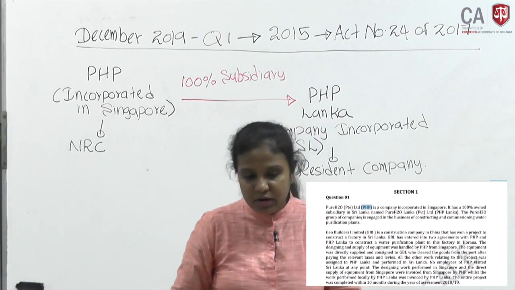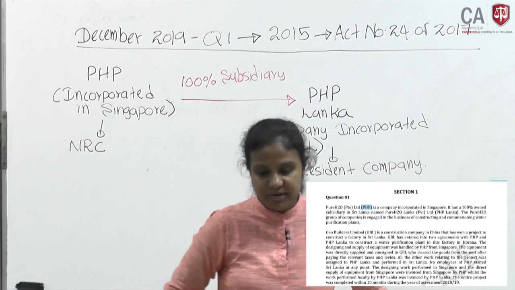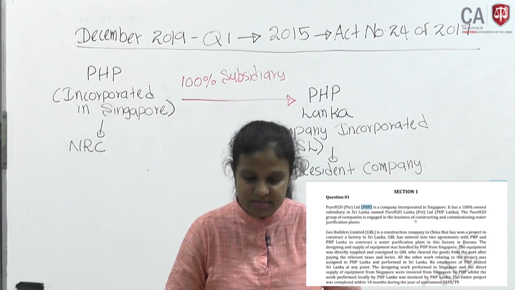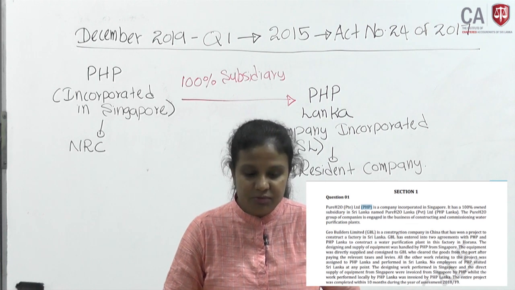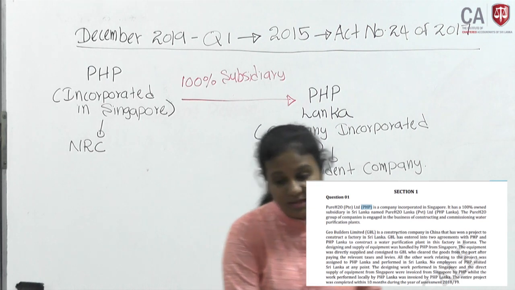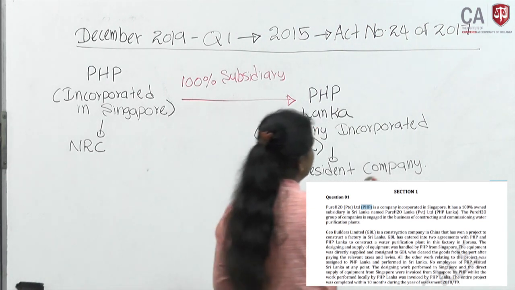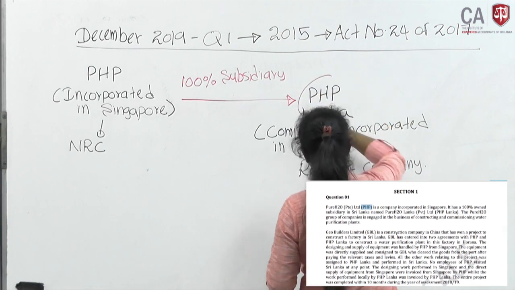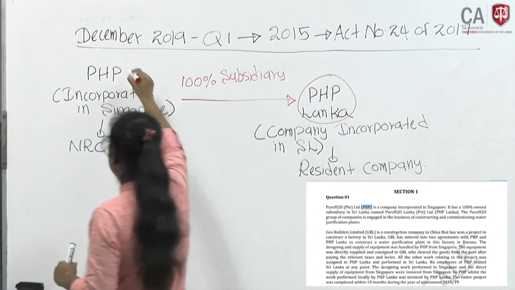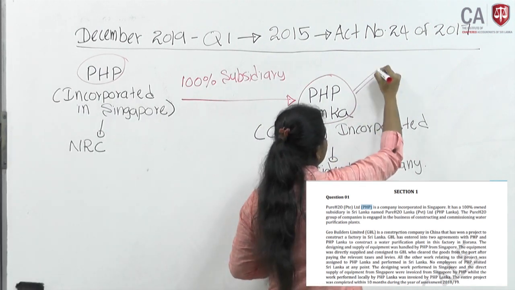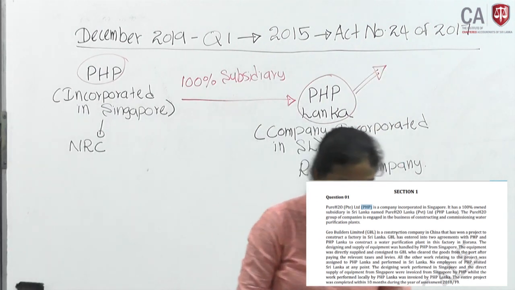The POH2 group of companies is engaged in the business of constructing and commissioning water purifying plants. What's their main business activity? Now Lamai, it's talking about this entire group, PHP Lanka and PHP Singapore. What is their principal business activity?